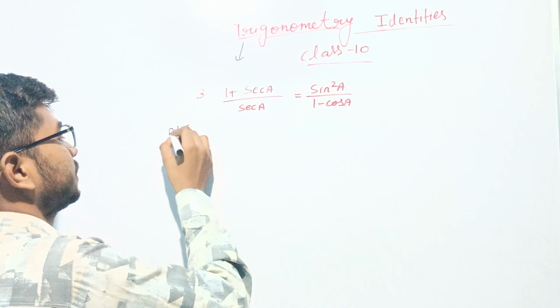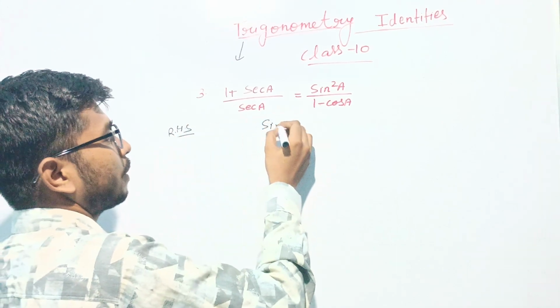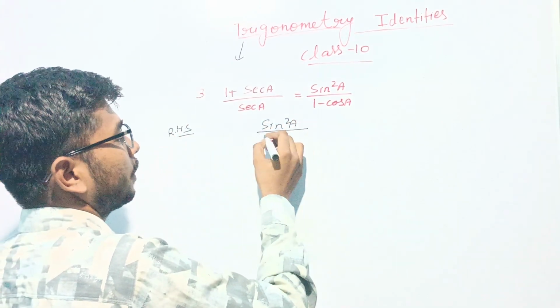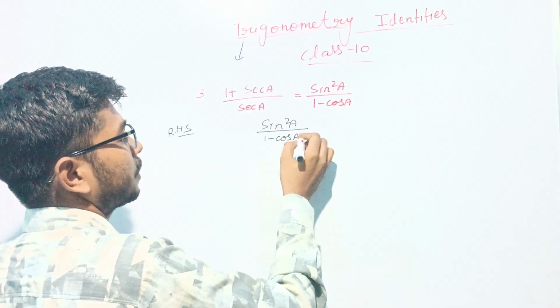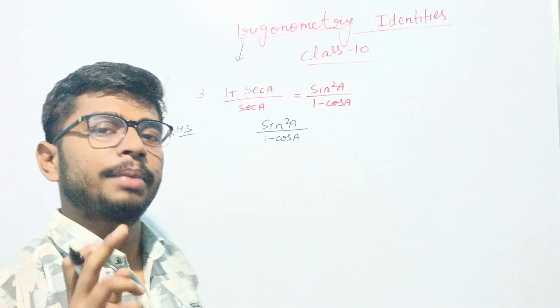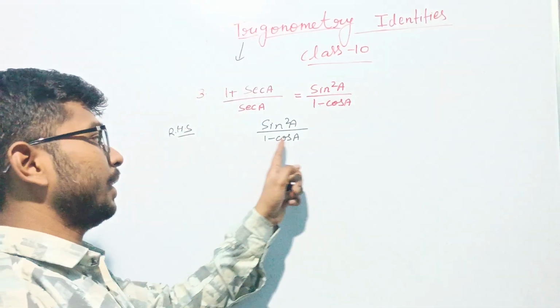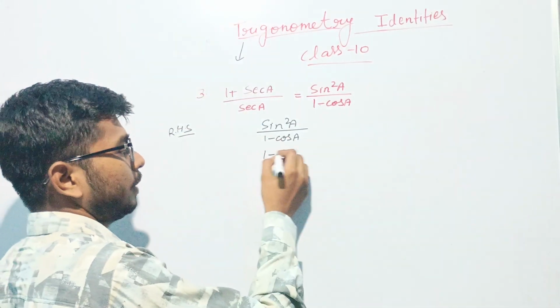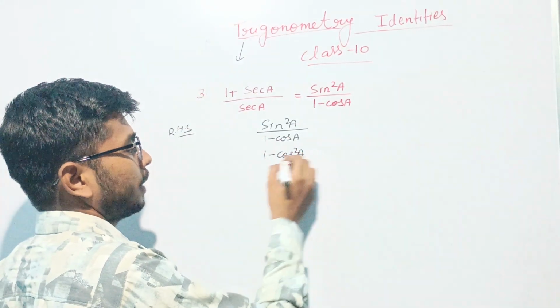So RHS is sin square a upon 1 minus cos a. Okay, so sin square a I can write as 1 minus cos square a, because in the denominator there is 1 minus cos a.